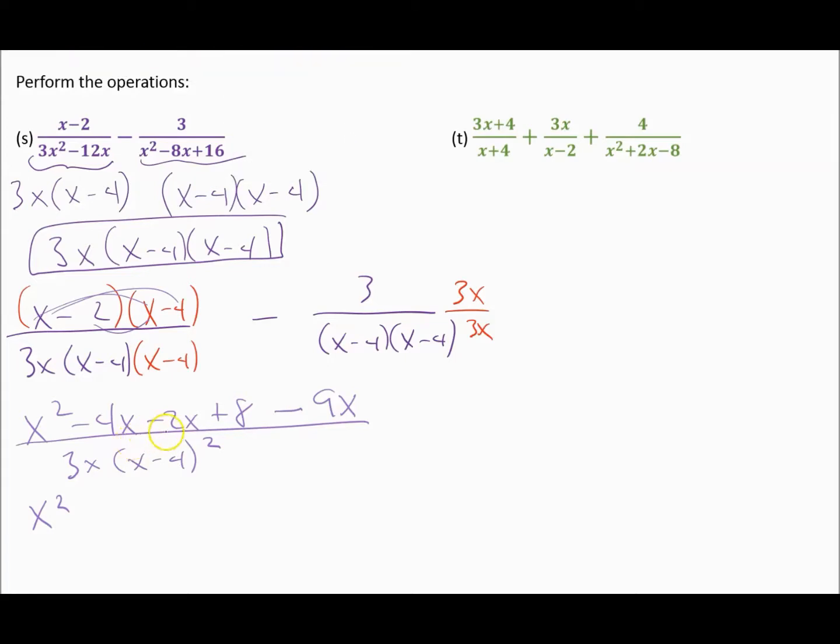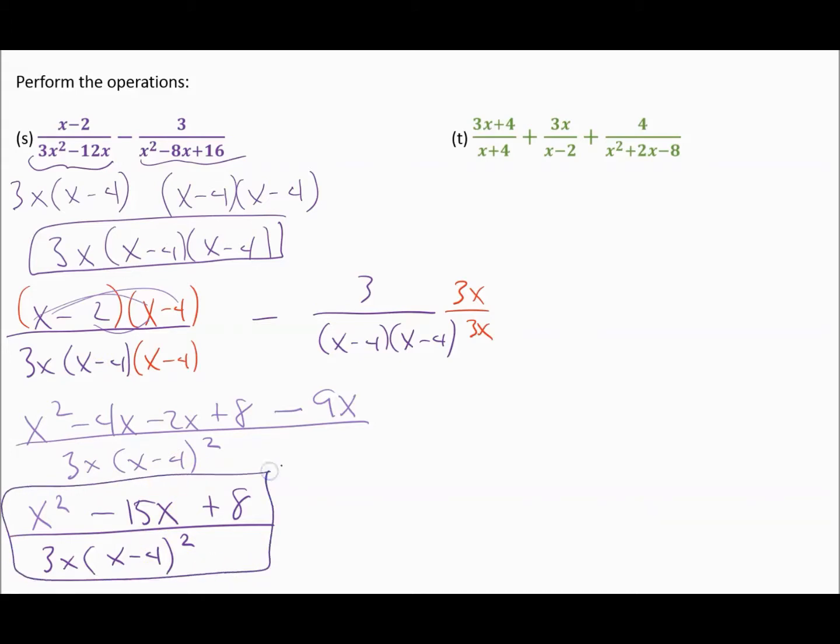Alright, so negative 4x minus 2x is negative 6x minus 9x is going to be negative 15x plus 8 over my common denominator, which is 3x times x minus 4 squared, or x minus 4 times x minus 4, whichever you like better. Now, we would try to factor that numerator to see if there are values that multiply to be 8 and add to be negative 15, and there's just not. So we are completely finished with this problem.